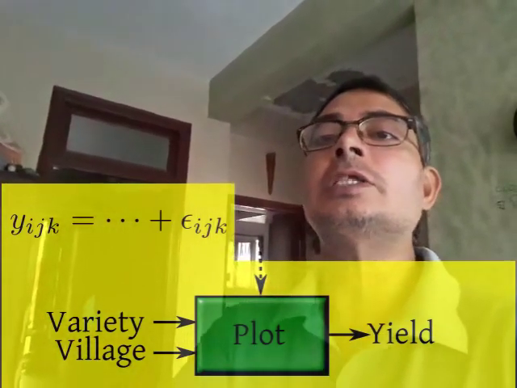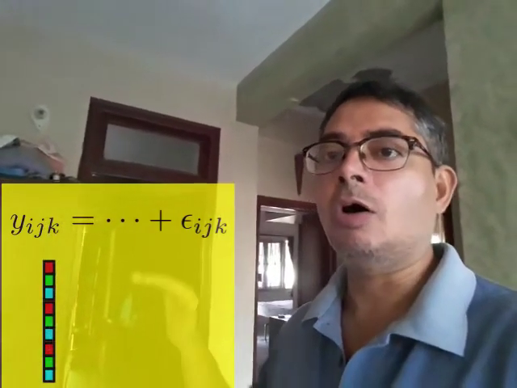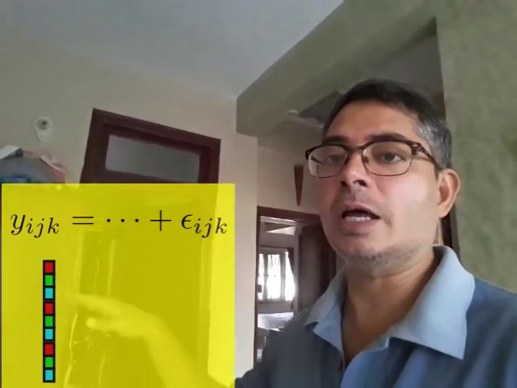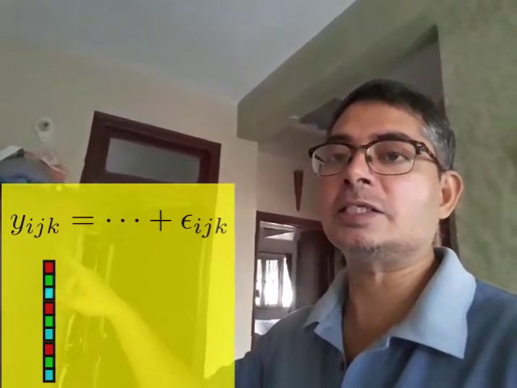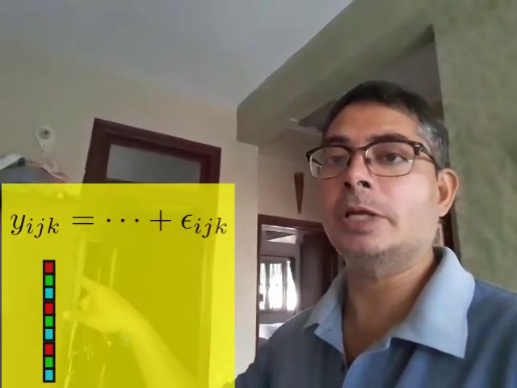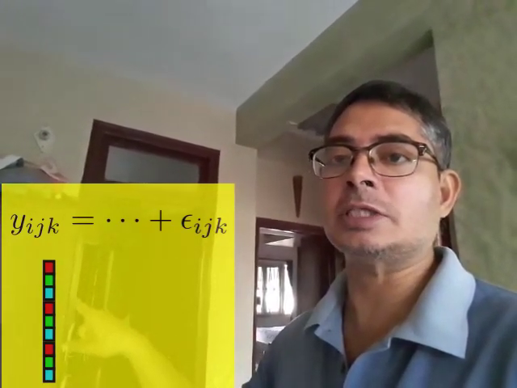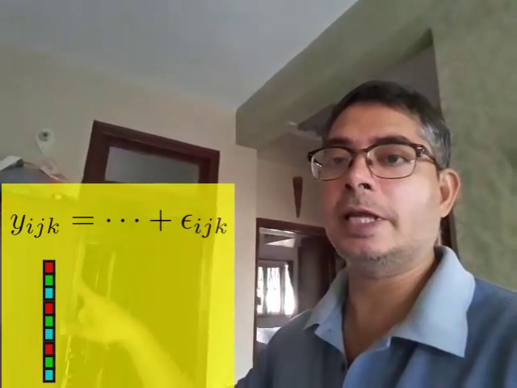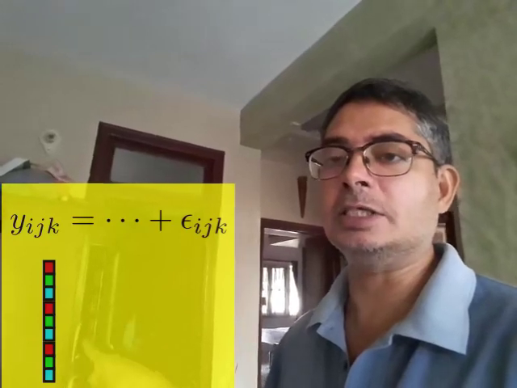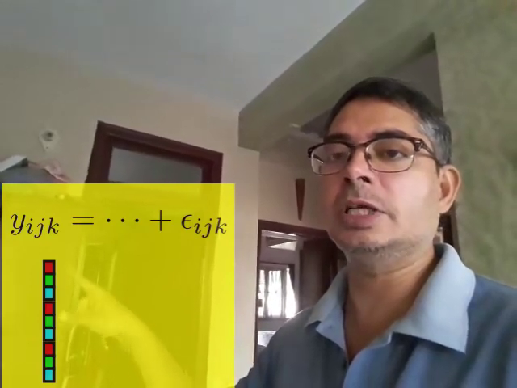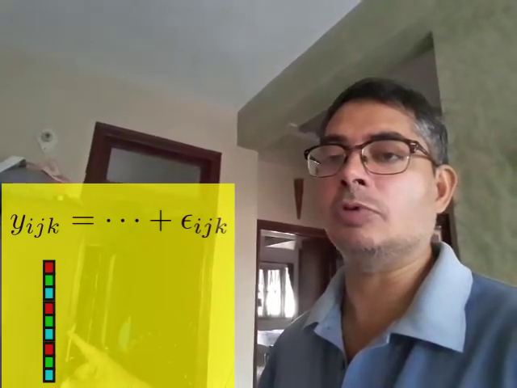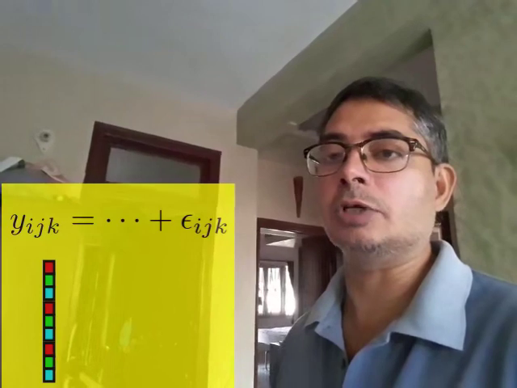So if we do it in this way, all our observations may be colored like this. The same color I am showing where the same values of j occur. So suppose j takes 3 values. All these things are under i equal to 1. You see again the same pattern is repeated. This red, green, cyan pattern is repeated. So these are all under i equal to 1, these are all under i equal to 2, these are all under i equal to 3.